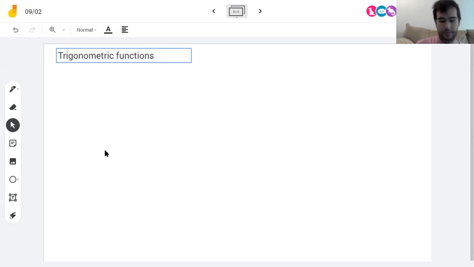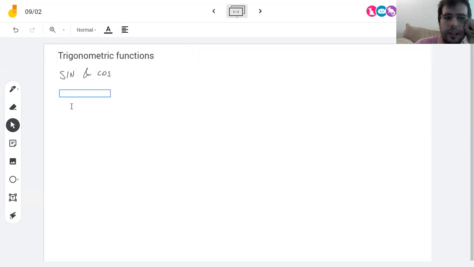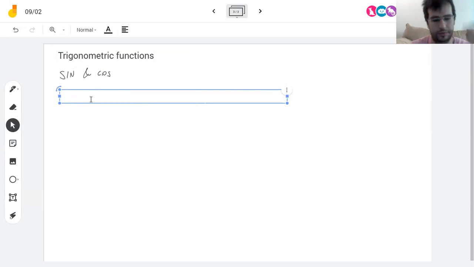So sine and cosine. What is super important to know about sine and cosine? It's important to know which is which. So I feel like if I tell you this, you know how to draw them.